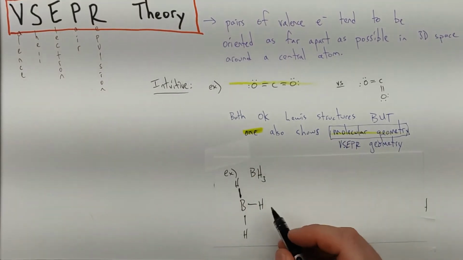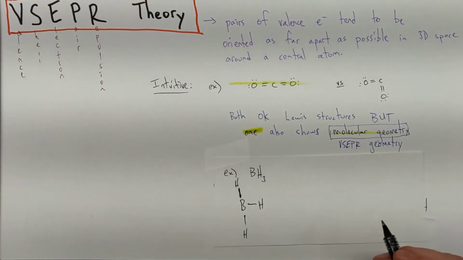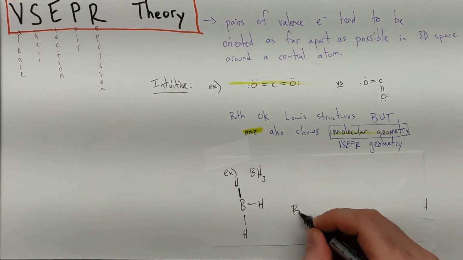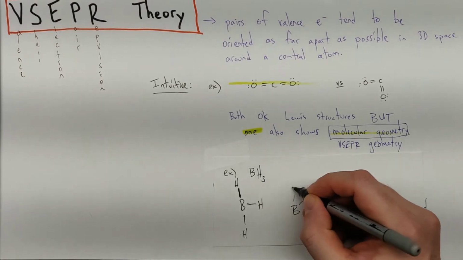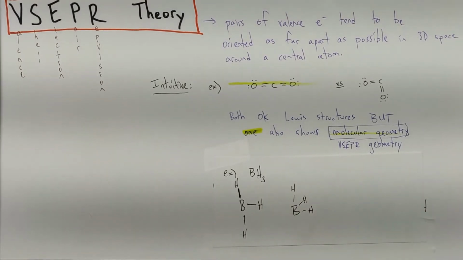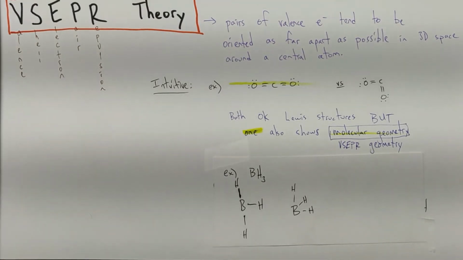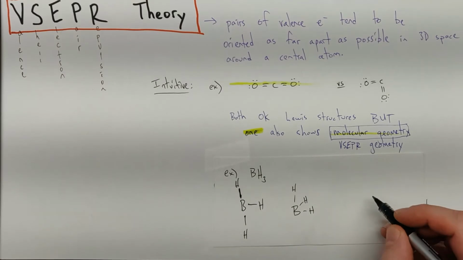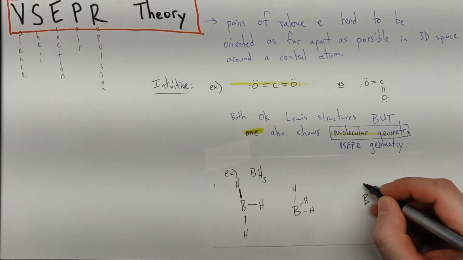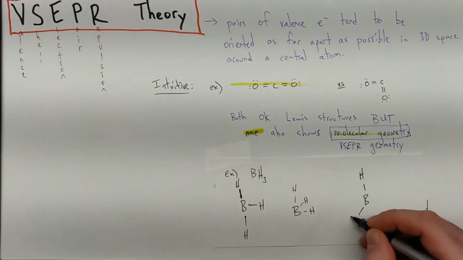It's not. Now, for trolling purposes, I often draw it like this: boron with hydrogen, hydrogen, hydrogen, which is okay as a Lewis structure as well. But when you watch ahead in the future, you'll notice that usually for something like this, I will draw it like this, which gives the hydrogens a uniform distribution.